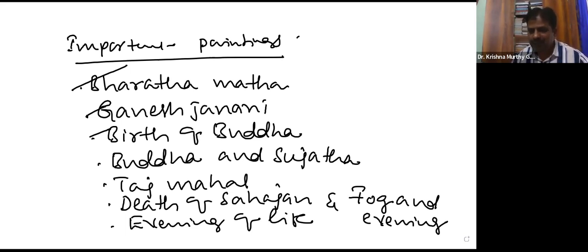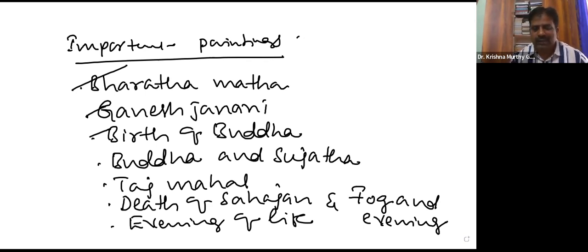The first woman to offer food and water to the enlightened Buddha. That's an important thing. Later she became a Buddhist nun, with the influence of the Buddha.